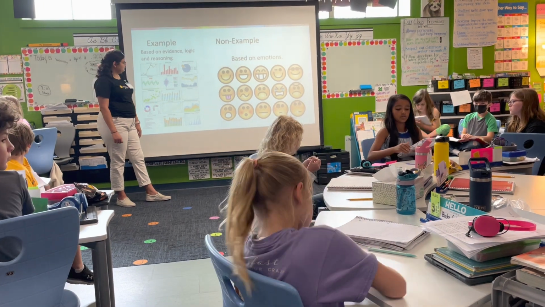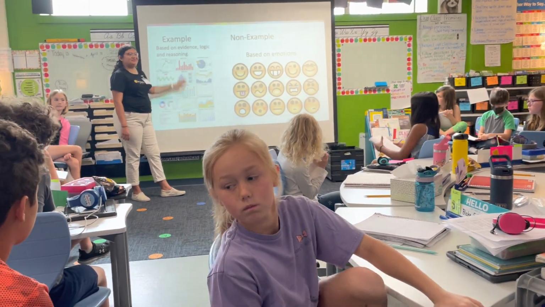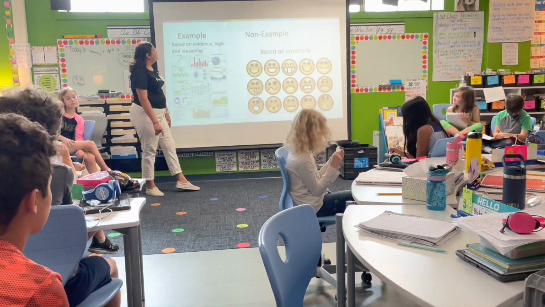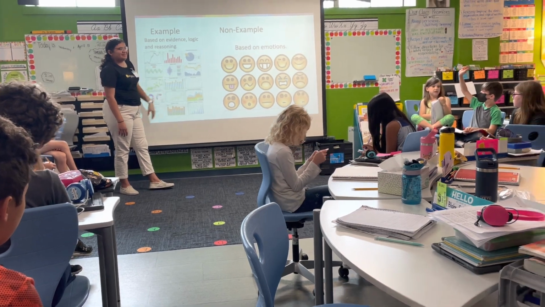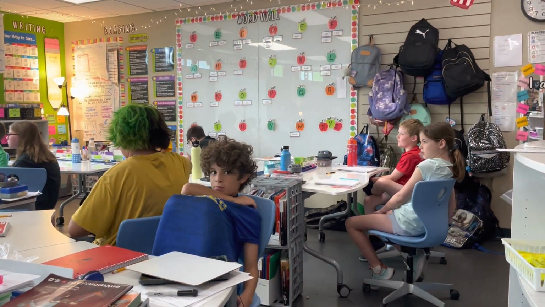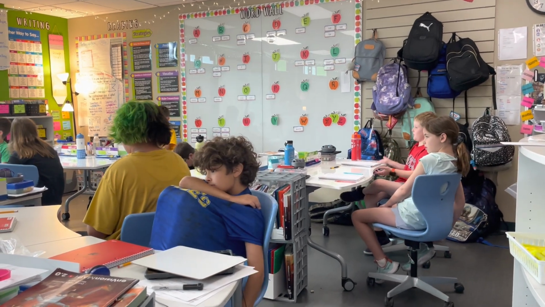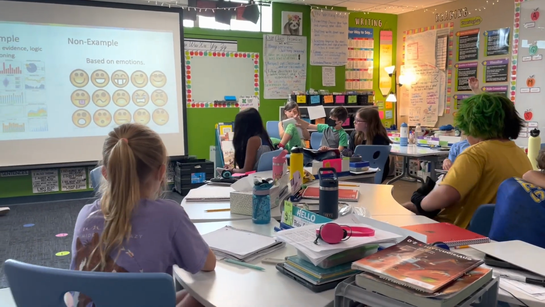I don't really know what that one would be. No, it's fine. We don't know what these graphs are, you're learning about them too. It's a lot of graphs that people use to support evidence.